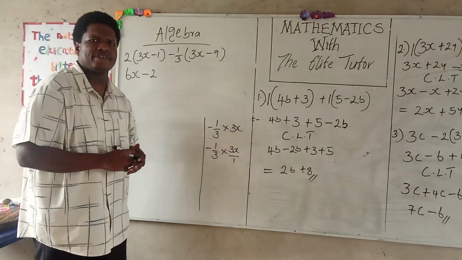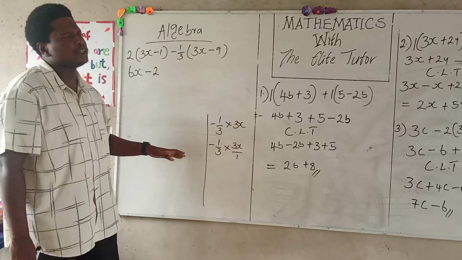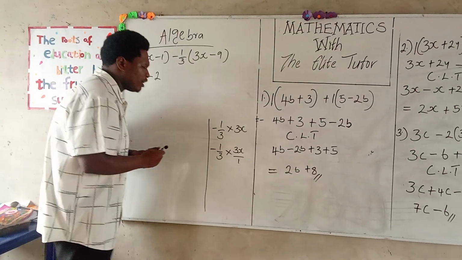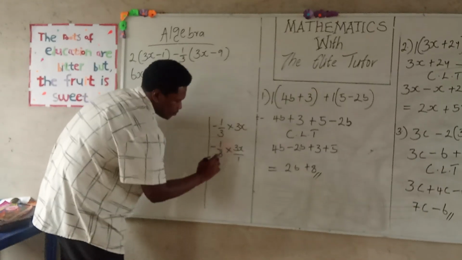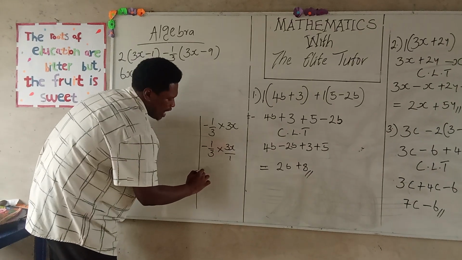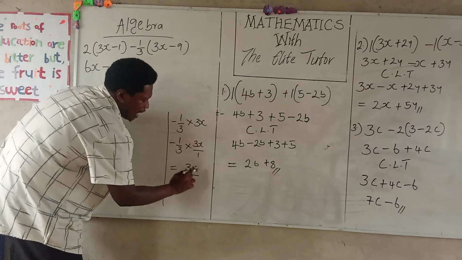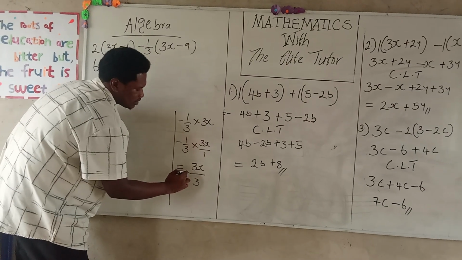Whenever we are multiplying fractions, we don't look for the LCM. We say numerator times numerator and denominator times denominator. So 1 times 3x we have 3x, and 3 times 1 we have 3. Don't forget your minus sign.